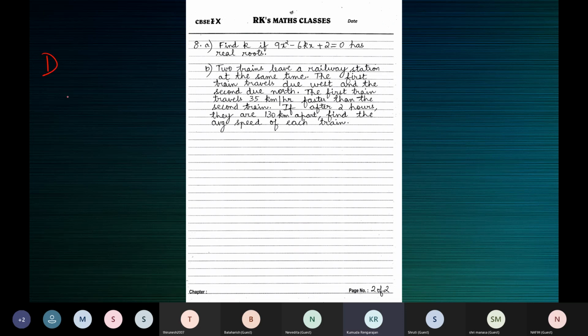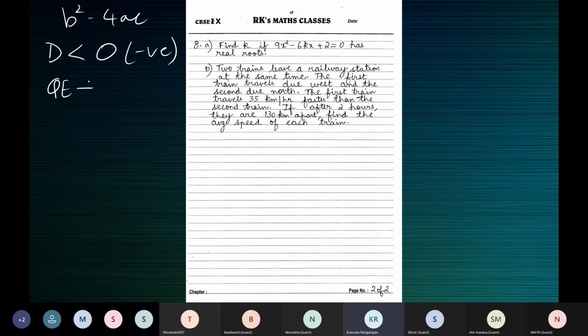So D less than 0, that is D is negative. The value of D is the value of B square minus 4AC. It's negative. That means the quadratic equation has no real roots.